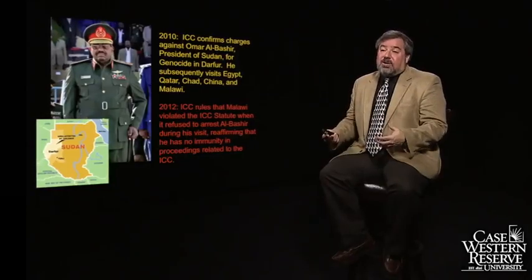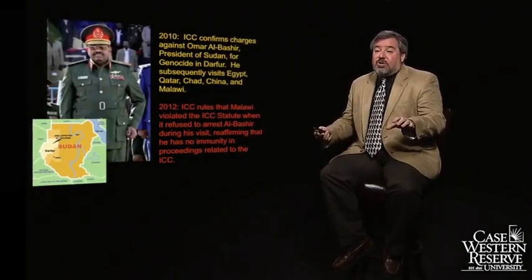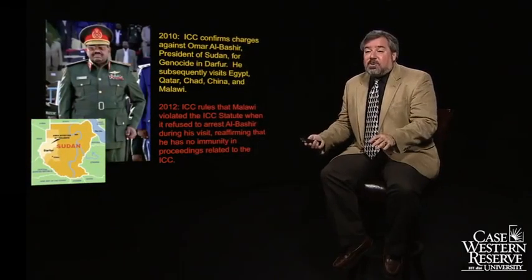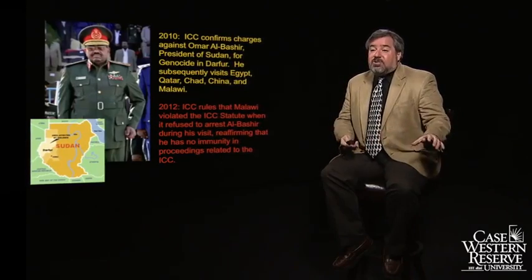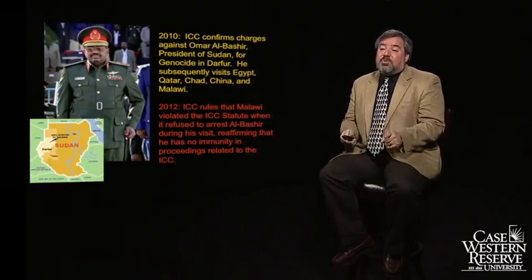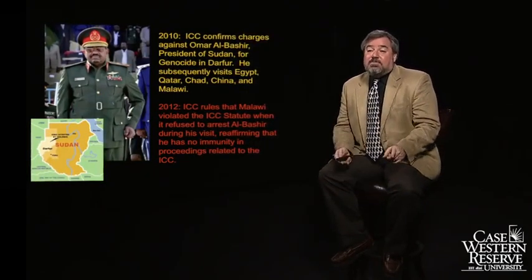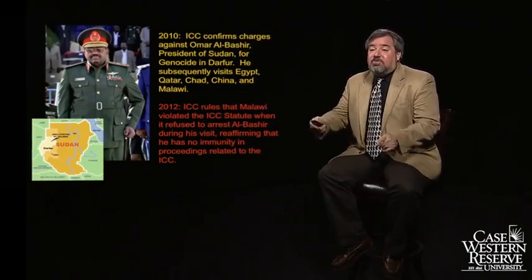And it's not just the International Criminal Court. His case was referred to the court by the Security Council. So they're actually violating not just the International Criminal Court statute, but the Security Council's resolution that sent his case to the court.